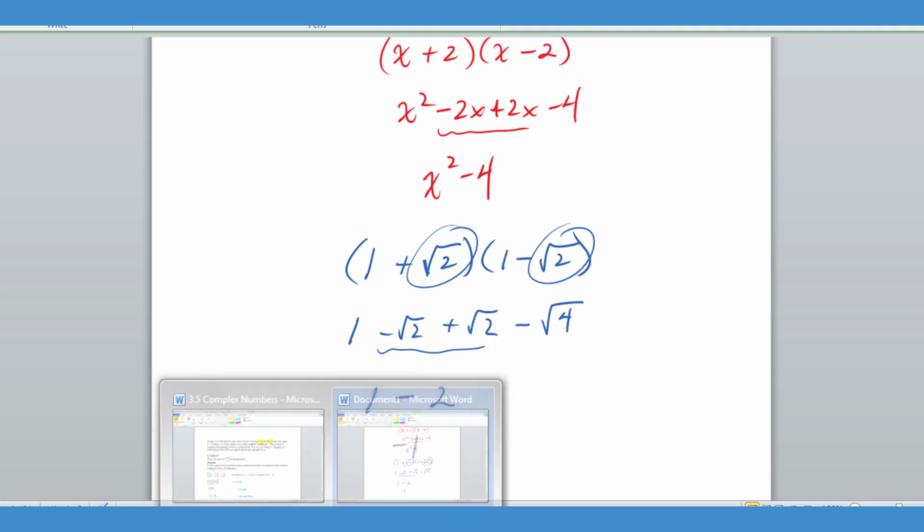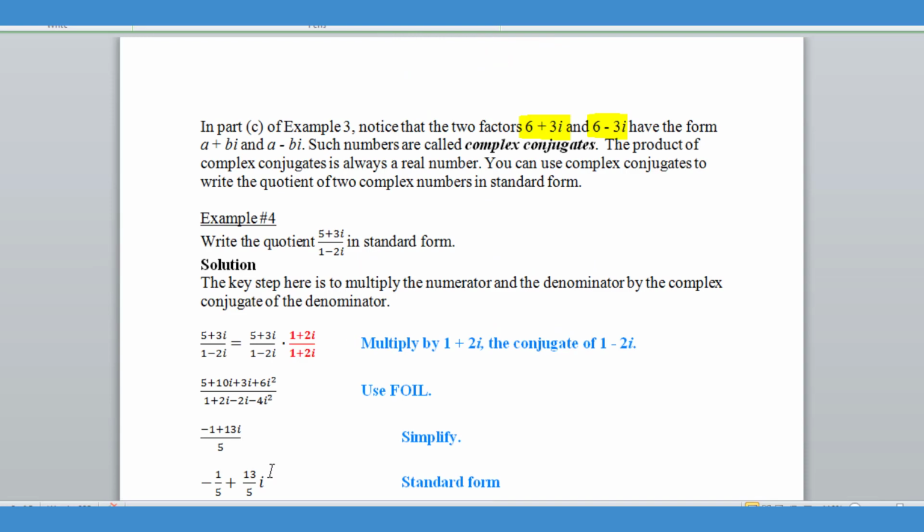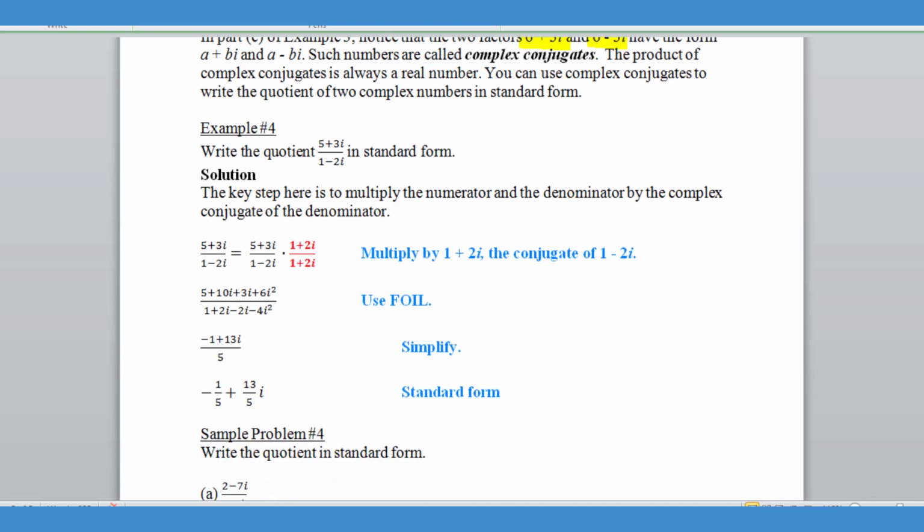The same thing takes place with complex numbers. When we have an imaginary number in the problem, we can use complex conjugates to actually eliminate the imaginary number. If you look at example problem number 4, we're dividing complex numbers, and you can see we have 1 minus 2i. Now, you may think to yourself, why does this need to be simplified?